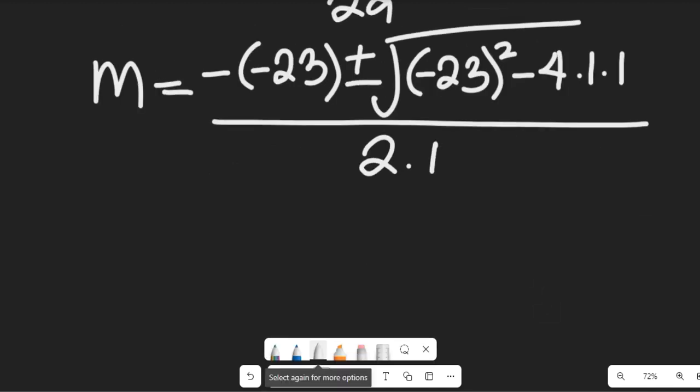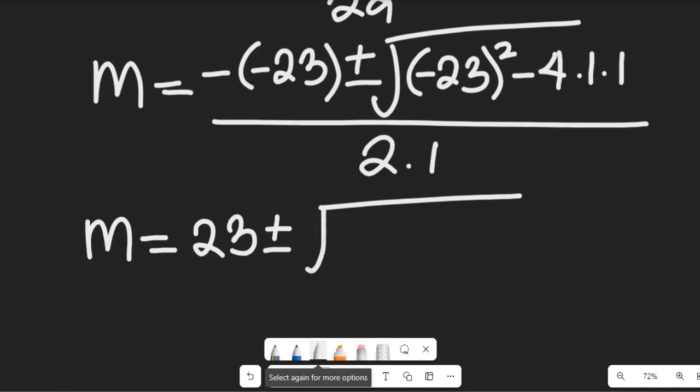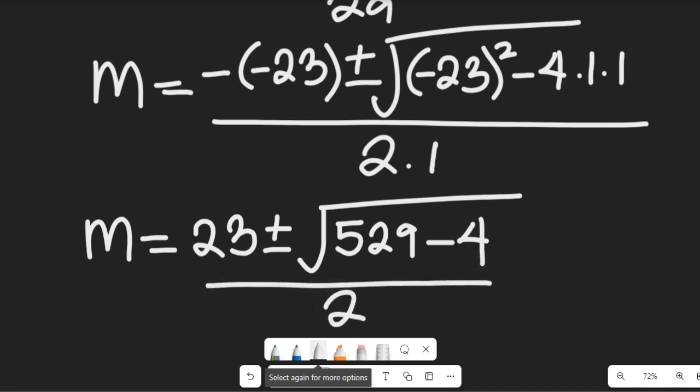So from that expression, we can see that our m is equal to minus multiplied by minus is 23, plus or minus the square root of 23 squared, which is going to give us 529, minus 4 times 1 times 1, which is going to give us 4, and all these will be divided by 2.